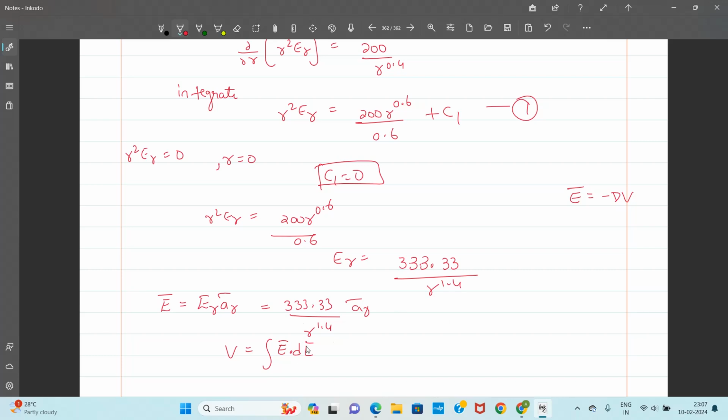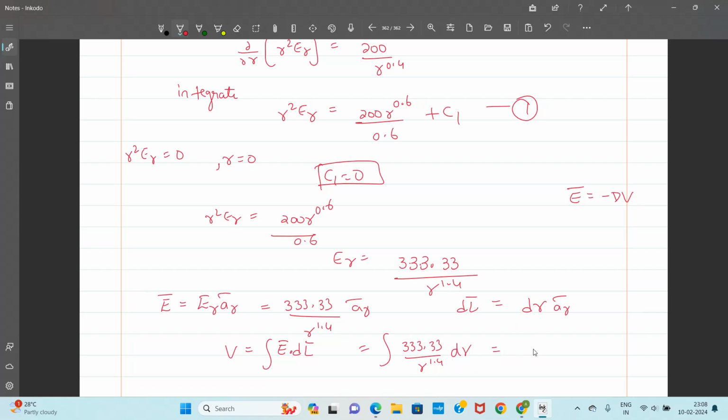So I have E, I need to know the length, and since we are talking about the r direction, the length is going to be dr aR in the spherical system. After taking the dot product, aR dot aR becomes 1. So I will be getting the line integral of 333.33 by r power 1.4 dr. So integrate this with respect to r.